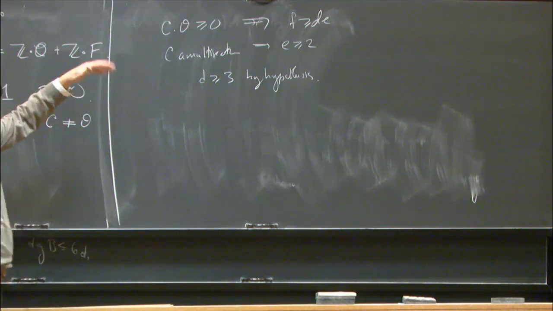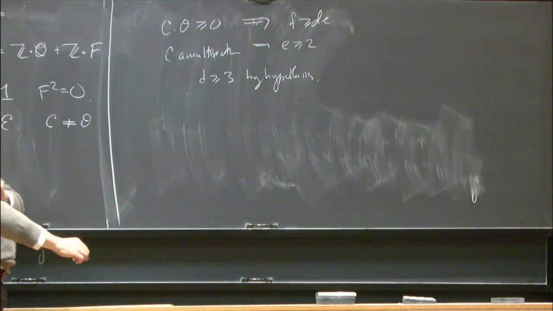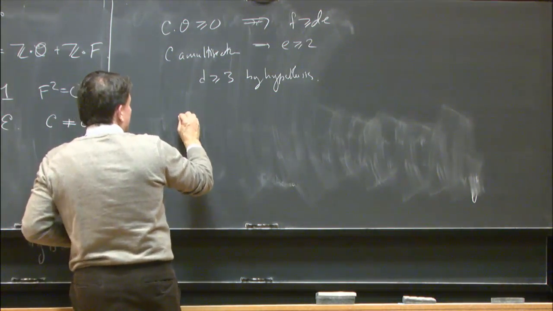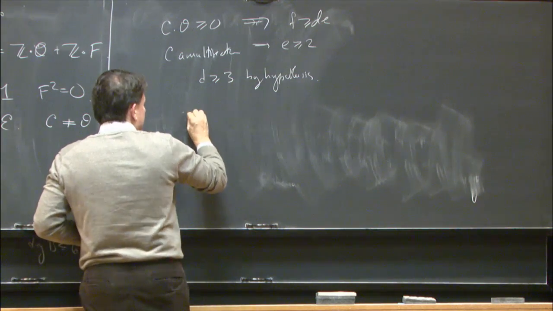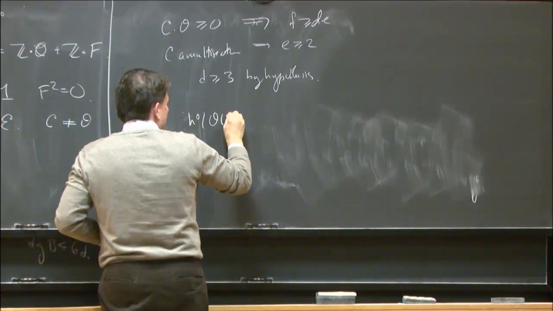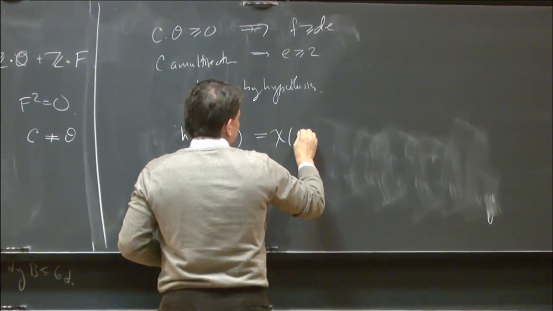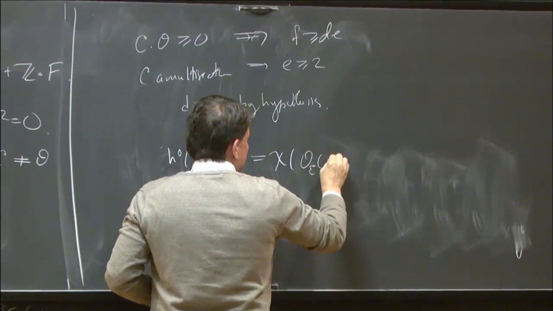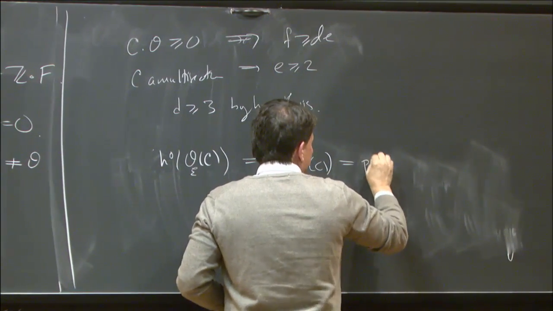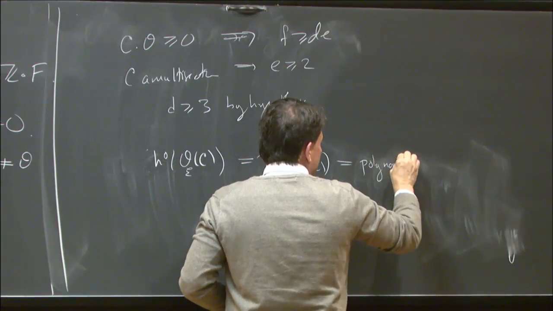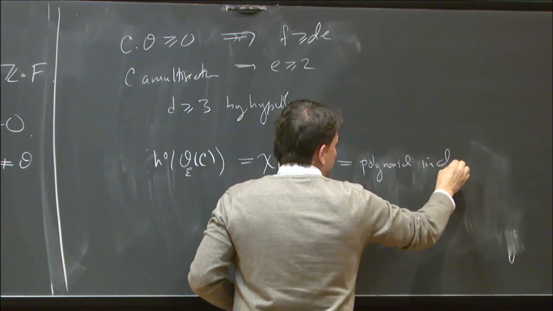Okay, so using these inequalities, you can go and calculate some stuff about this curve. So in particular, you can compute the Euler characteristic, well, H0 of O_E of C, is equal to the Euler characteristic of O_E of C. So this is something you can calculate. I'm not going to tell you what it is. It doesn't really matter. Some polynomial in d, e, and f.